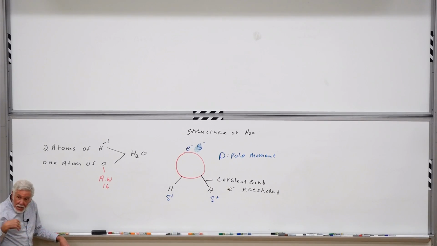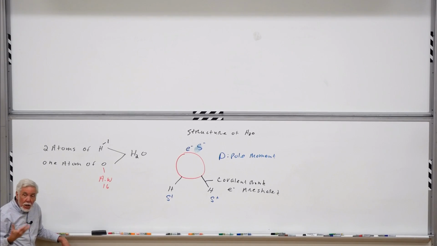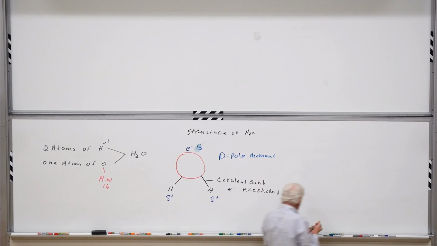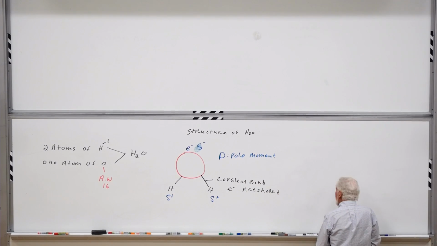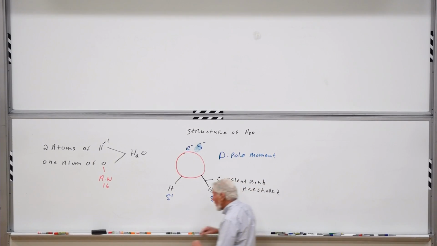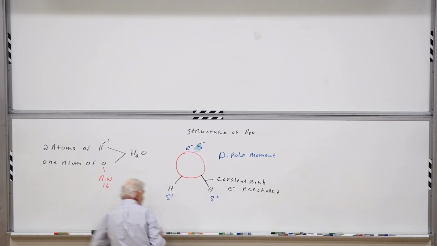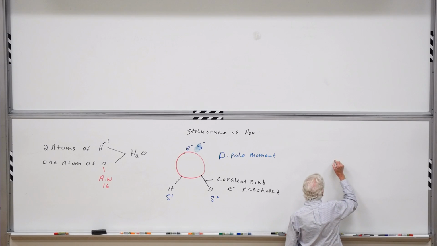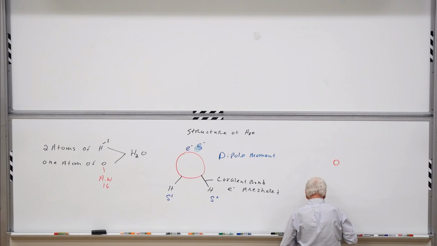Well, this has important implications when we put water molecules one with another. So if we now imagine water molecules hanging out close to one another. So there's an oxygen.